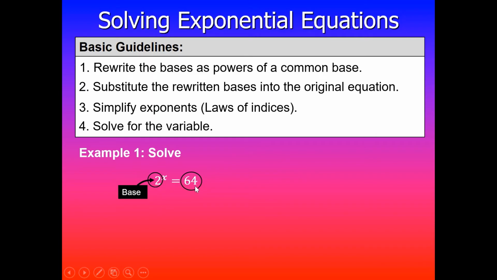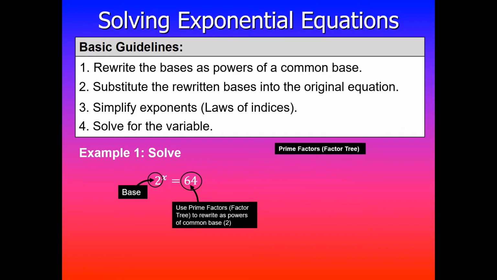Then what we have to do is we have to rewrite 64 as a common base of 2. We can do that by using prime factors or factor tree. So if we use the factor tree, we can split 64 into 2 and 32. So if I halve 64, I'll get 32. If I halve 32, I can get 16.